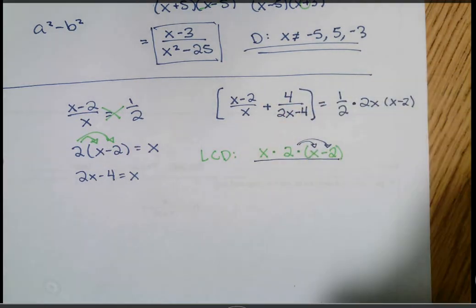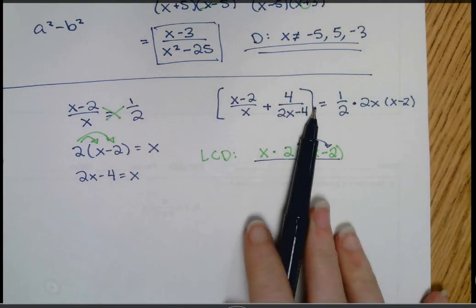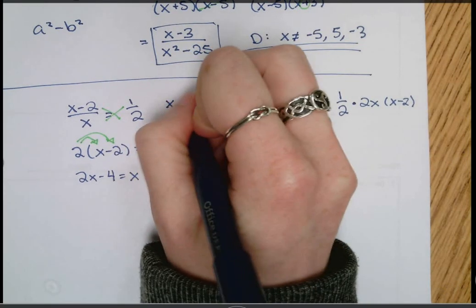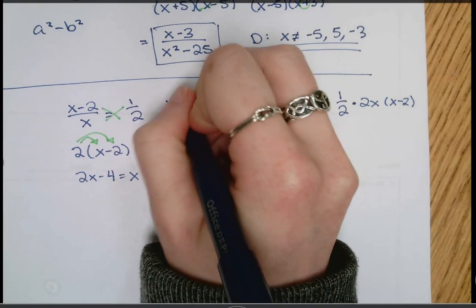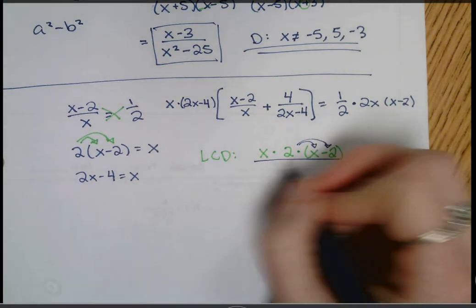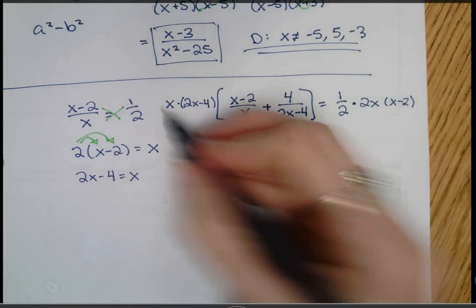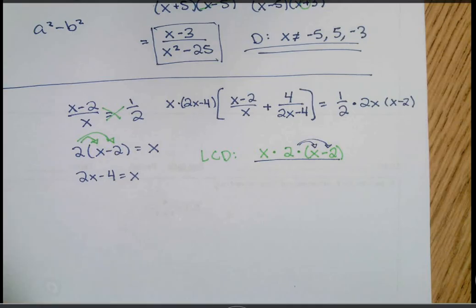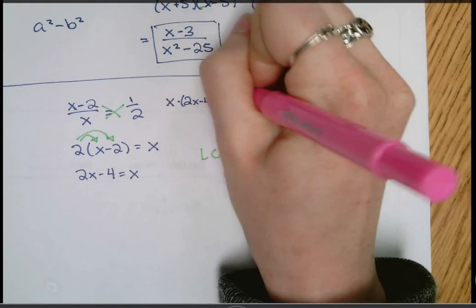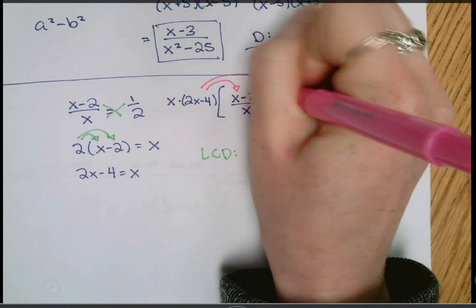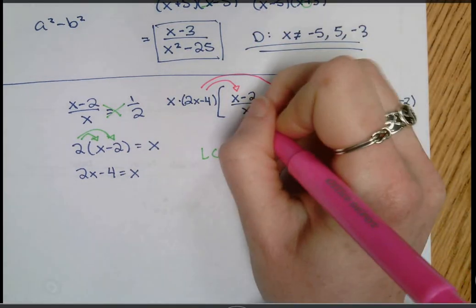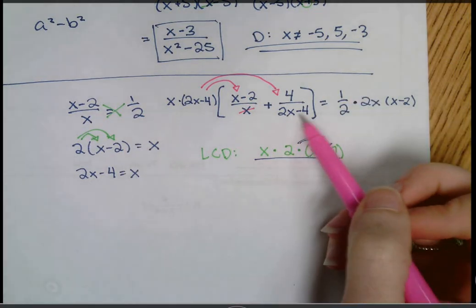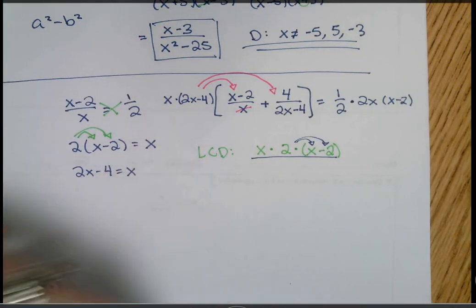Key thing to remember though is that I'm multiplying this entire side of my equation here. So I have x times 2x minus 4 over here. I just kept the 2 out on this side, but here I distributed it back in so these could cancel. So when I do this, I'm really saying this is going to be multiplying to here and to here. When something cancels, because these x's will cancel, when I multiply over here, I'll still have that x.